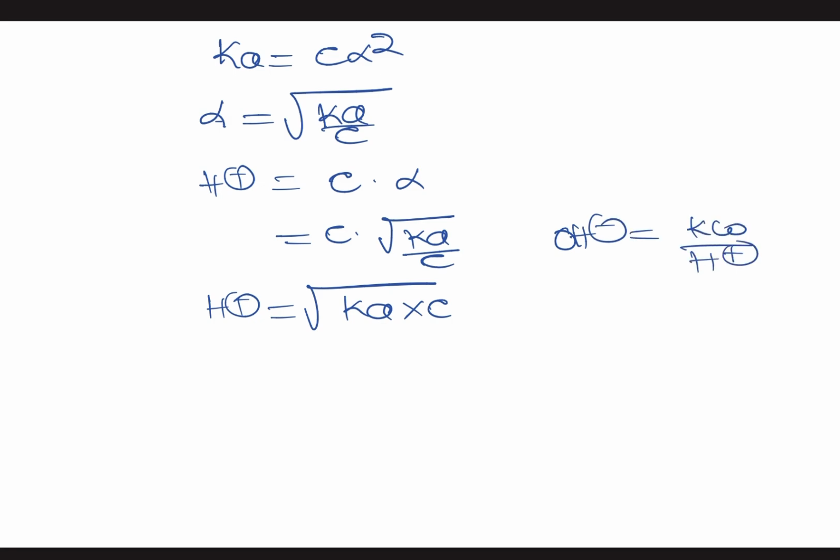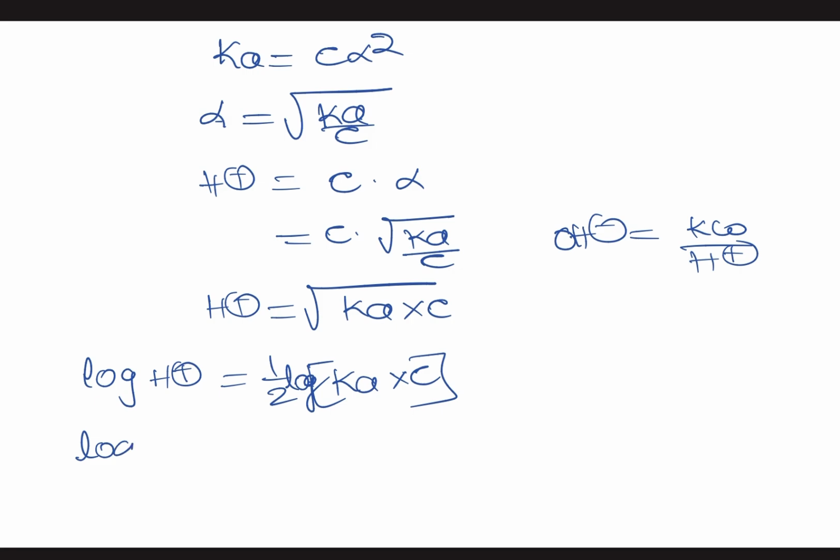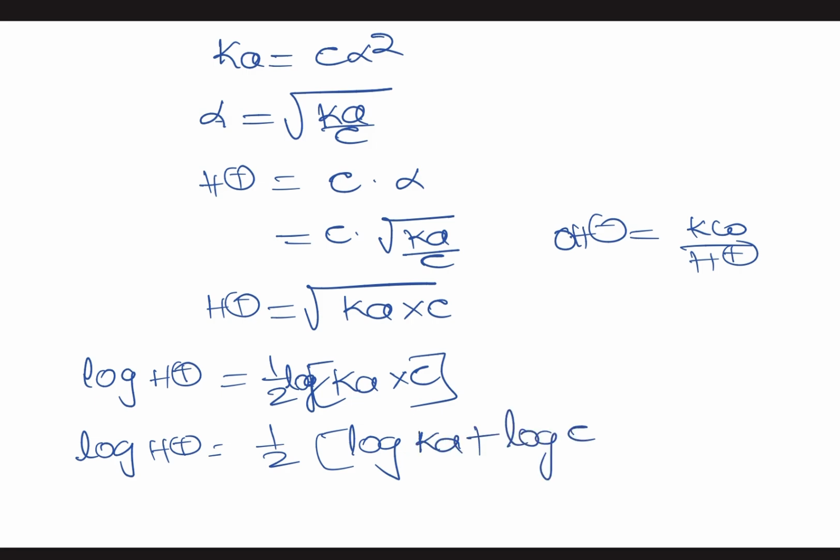Now you can apply log on both sides. So log H+ is equal to 1 by 2 log of Ka into C. We can write log of A into B as log A plus log B, so log C will be there. Apply the negative on both sides.